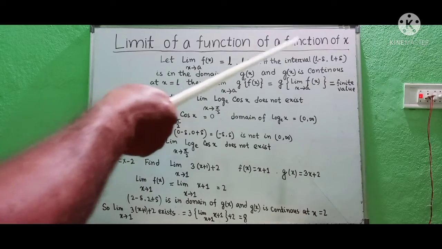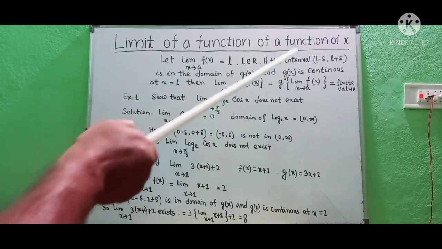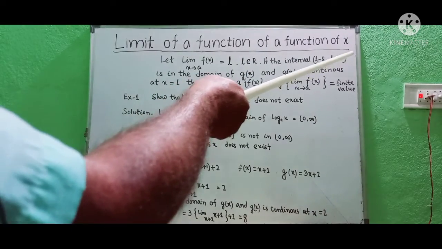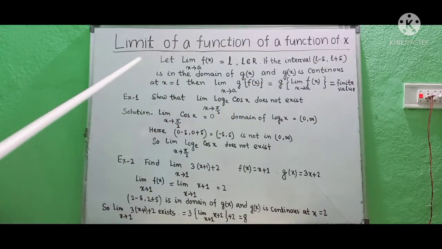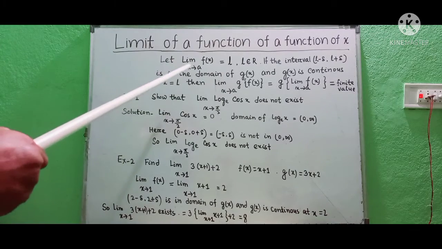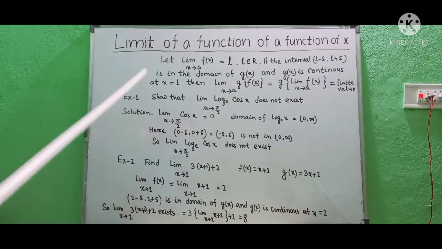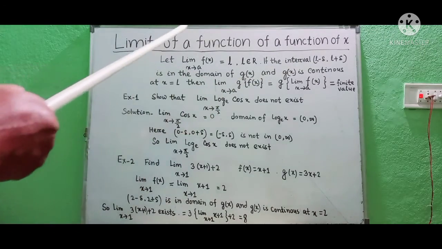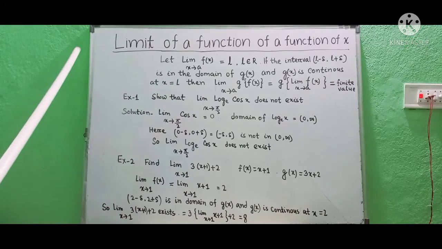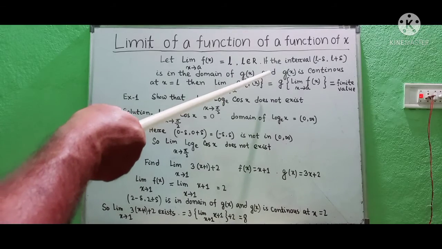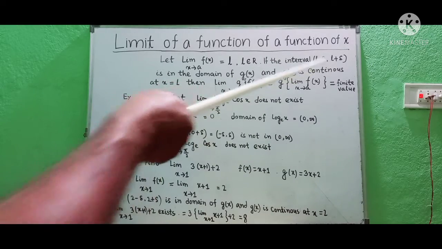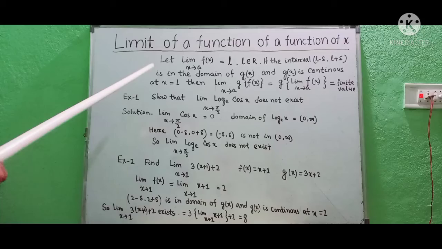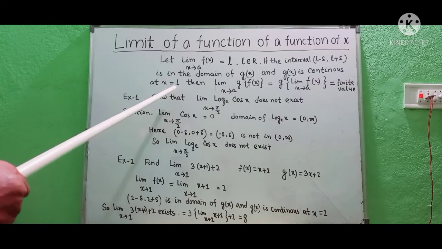If the open interval (L minus delta, L plus delta), where delta is greater than 0, is in the domain of g of x, that means it is within the domain of g of x, and g of x is continuous at x equal to L. Understand?